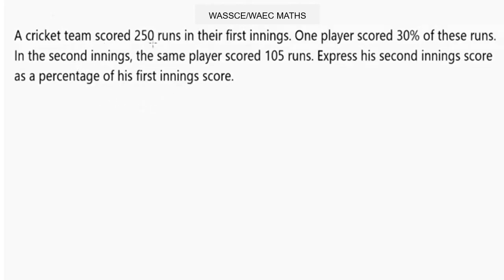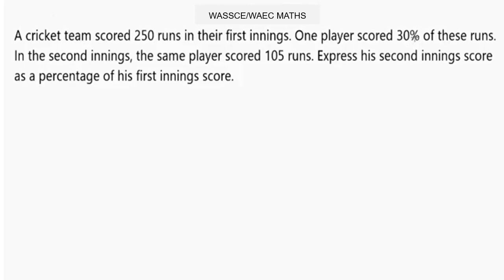Now, the first thing you have to do is to find the value of the first innings of the player, that is this 30%. To convert this 30% of these runs, that's the runs of the cricket team, the cricket team scored 250 runs in their first innings.